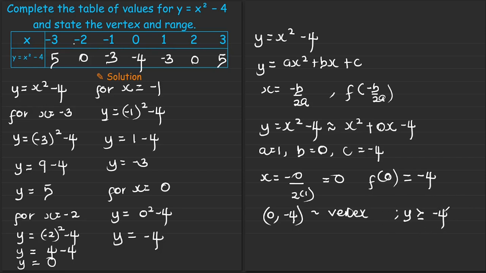And that becomes our range. You see, we said we can get our range from even the vertex, because the vertex represents the lowest or the highest value the function can ever get. So that will be it, and our conclusion will be the vertex is 0, negative 4, and then the range is y is greater than or equal to negative 4. That is all y values at or above the minimum. That is it for our first question.